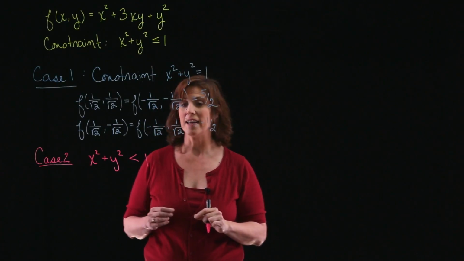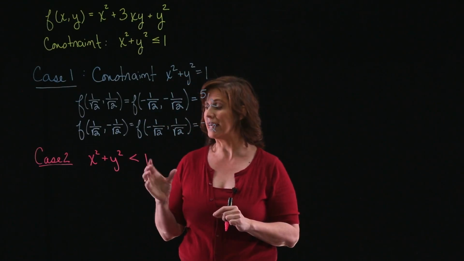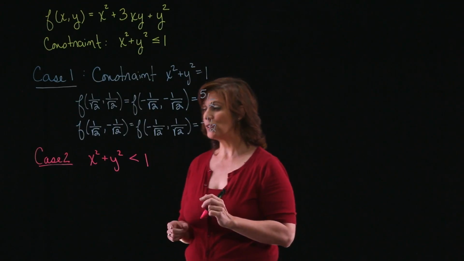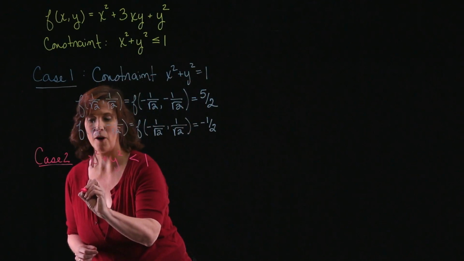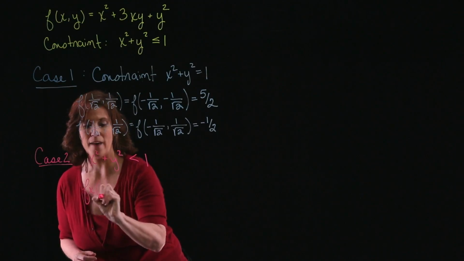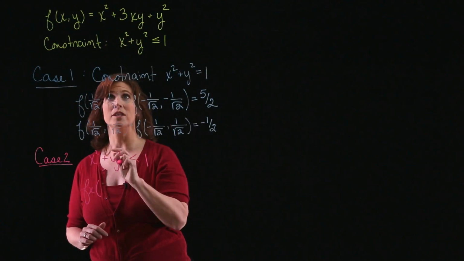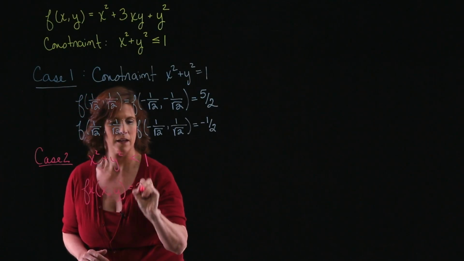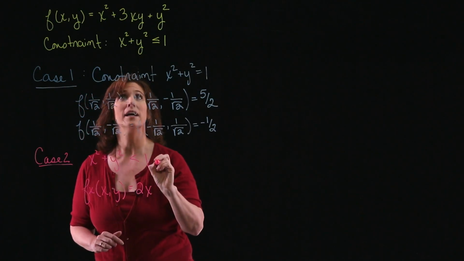So in order to find any relative extrema inside that circle, I'm going to go ahead and find critical numbers. So I'm going to look for the partial of f with respect to x, which is going to be 2x plus 3y.